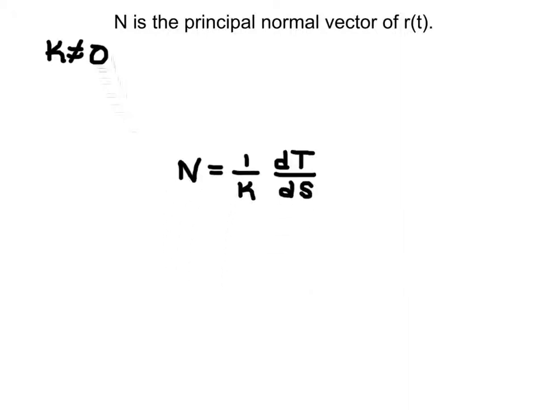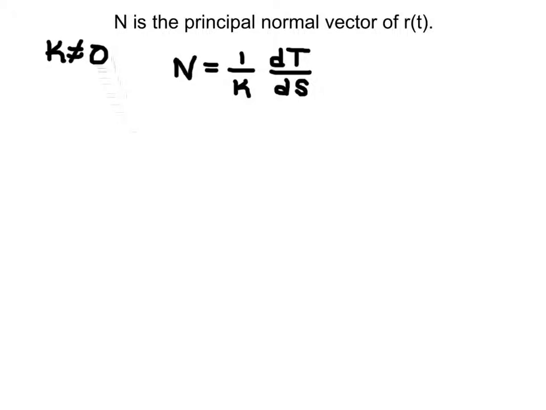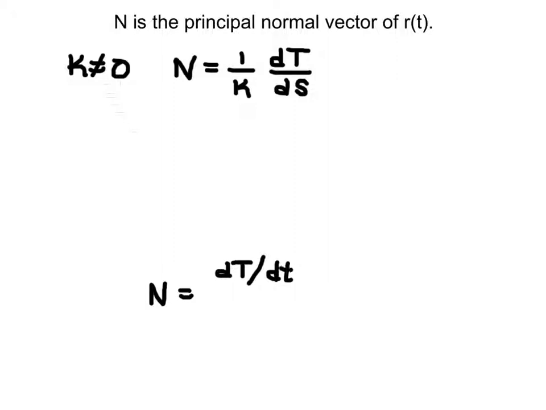A better way to calculate this is the following formula. The principal normal vector is the derivative of the unit tangent vector with respect to time over the magnitude of the derivative of the unit tangent vector with respect to time.